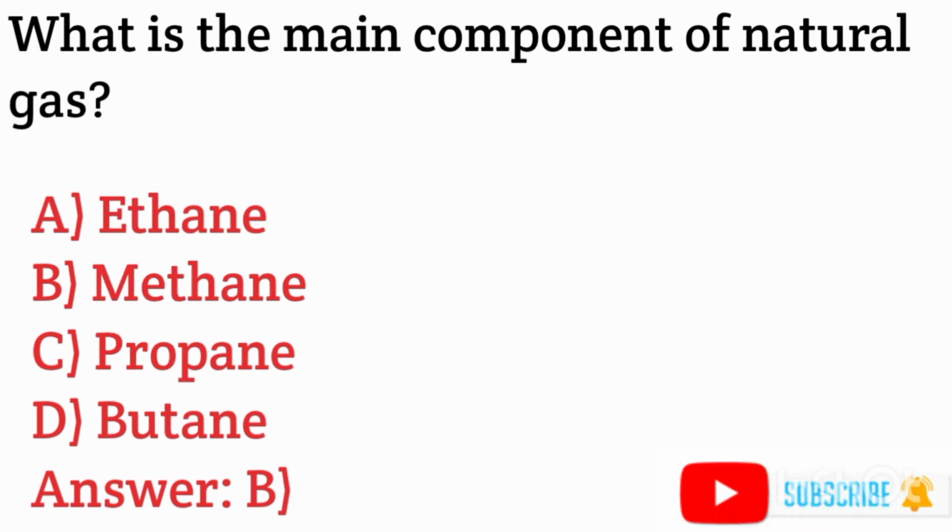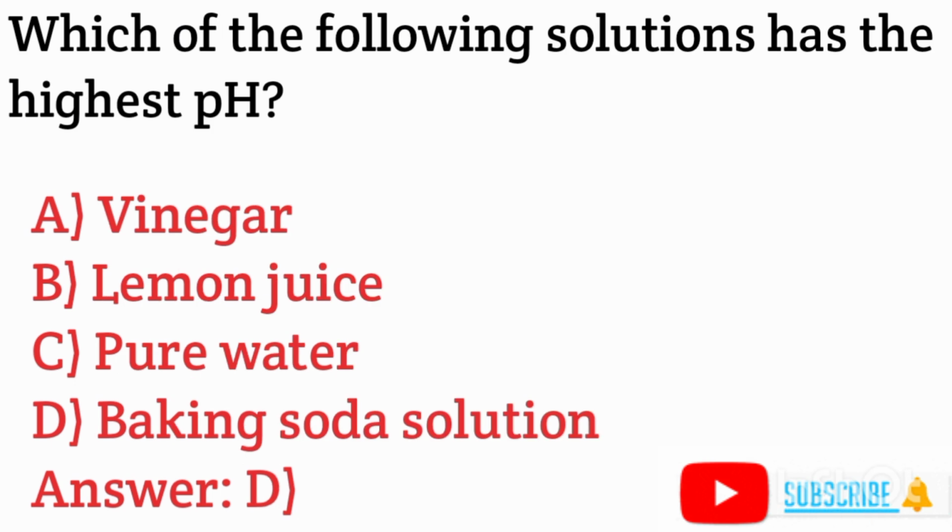What is the main component of natural gas? Methane. Methane is the main component of natural gas. Option number B is correct. Which of the following solutions has the highest pH? Baking soda solution. Option number D is correct.